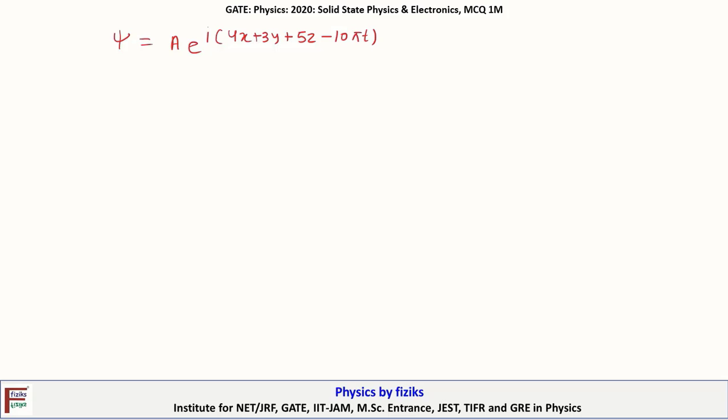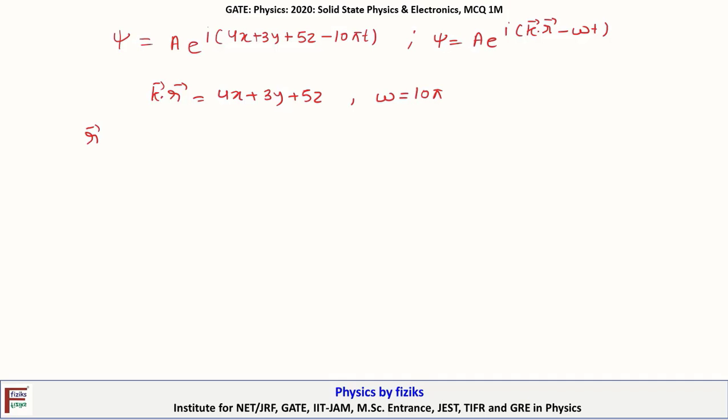In general, a matter wave is represented like A e to the power i (k dot r minus omega t). So if we compare both these wave functions, we get k dot r is equal to 4x plus 3y plus 5z, whereas omega is equal to 10 pi.